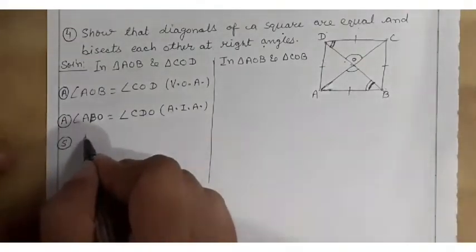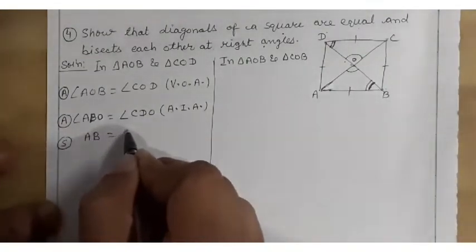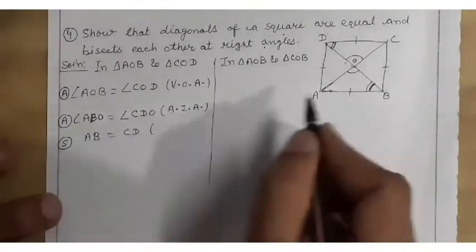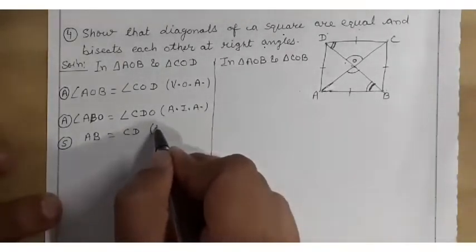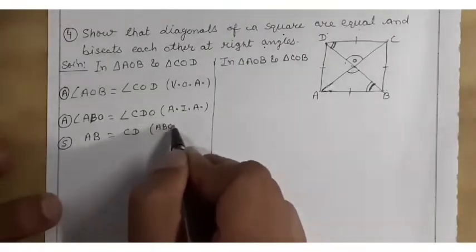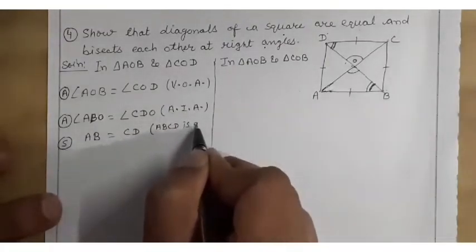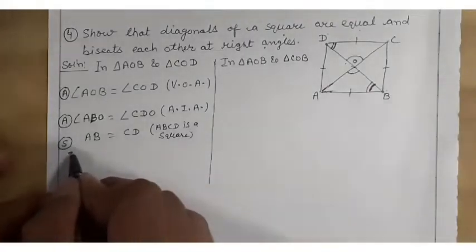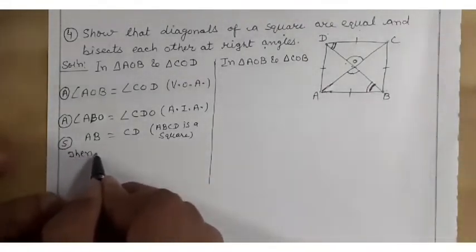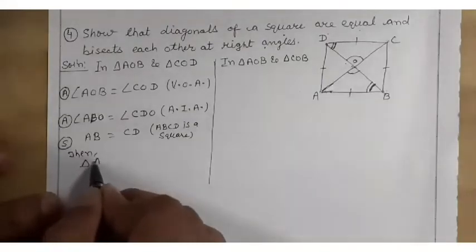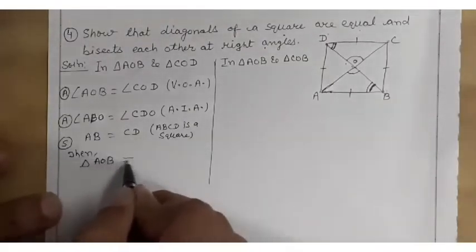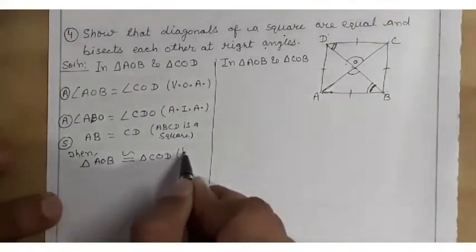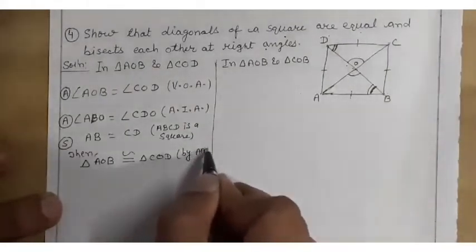That is AB equal to CD, because ABCD is a square. Then what can you say, triangle AOB should be congruent to triangle COD by AAS rule.